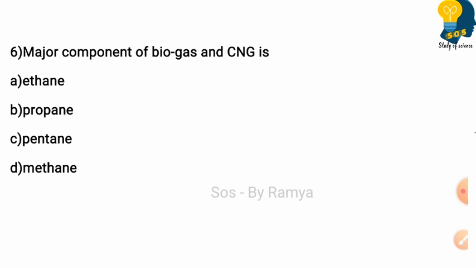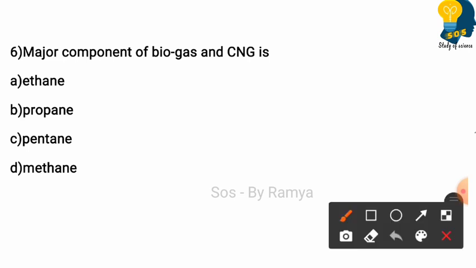The next question is question number 6. Major component of biogas and compressed natural gas is: the options are ethane, propane, pentane, and methane. Here the correct option is methane, because methane is a major component in biogas.